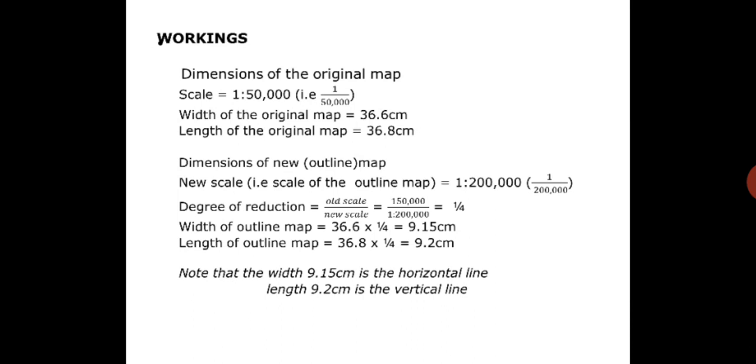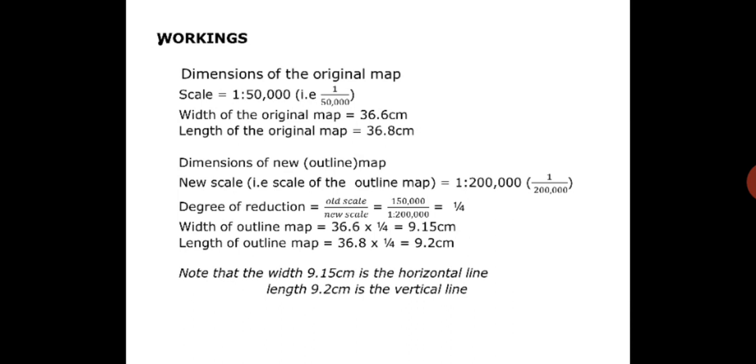We have looked at the degree of reduction, and the degree of reduction says old scale over new scale, which is 1:50,000 all over 1:200,000, which is 1/4. And if it is 1/4, you look at your new drawing there.